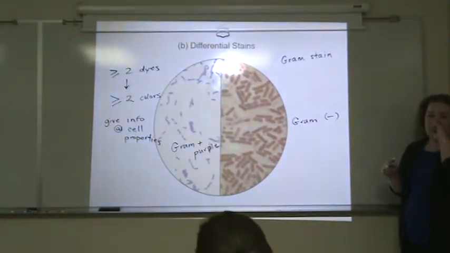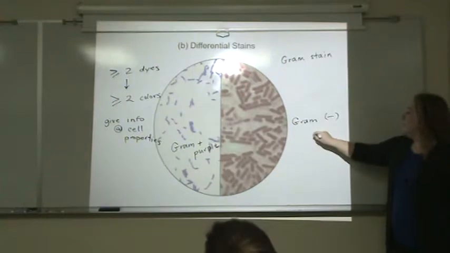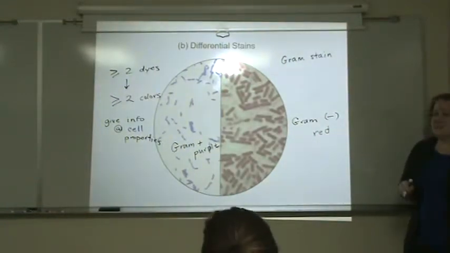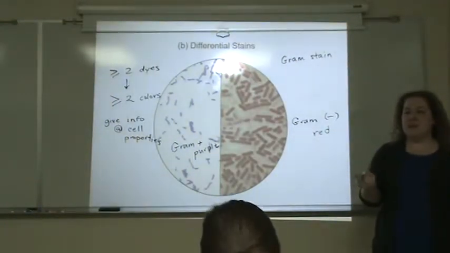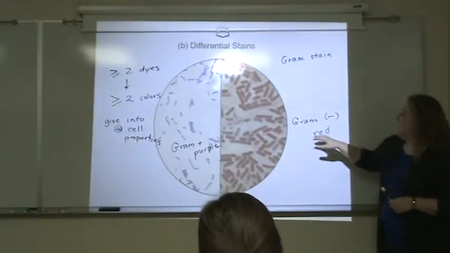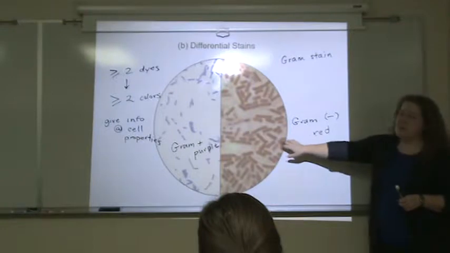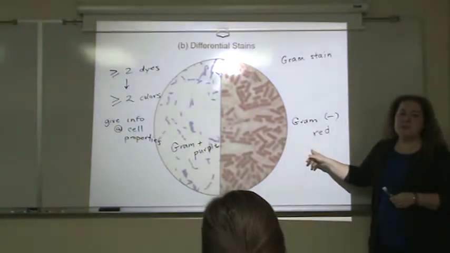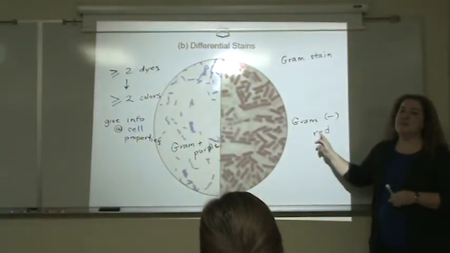like positive purple. Gram negative is red, like when you come to a red light, that's a negative thing. That's how I remember this. Realistically, the red is pink, but that messes up my memorization.